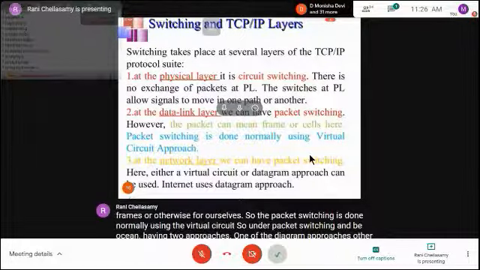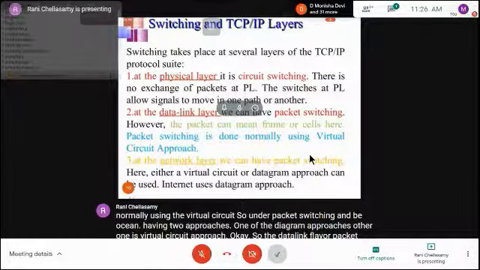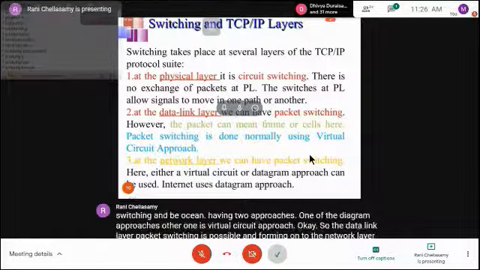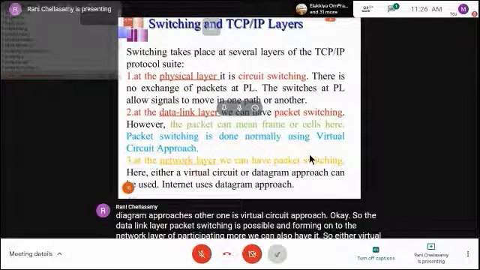Coming to the network layer of the TCP/IP model, we can also have the packet switching technique. Either the virtual circuit approach or the datagram approach is used in this network layer. If you are using the internet, then the datagram approach is very suitable.